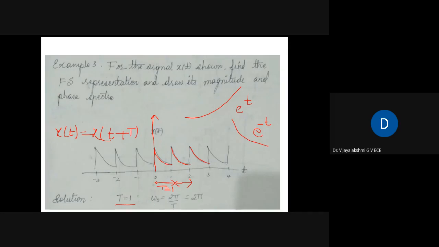Let us find the fundamental frequency omega naught, which is equal to 2 pi by T. T is 1, so omega naught is equal to 2 pi. Now let us proceed towards finding the Fourier series coefficient. I'll consider the second equation of the Fourier series representation, the equation for finding the Fourier series coefficient X of k.